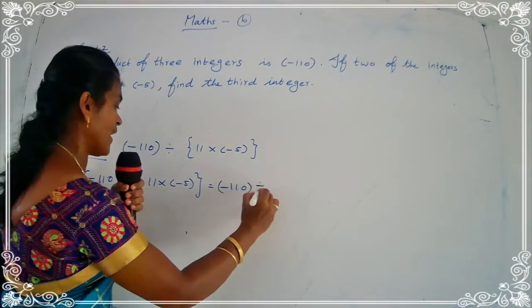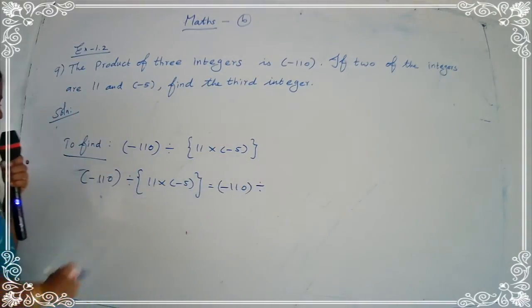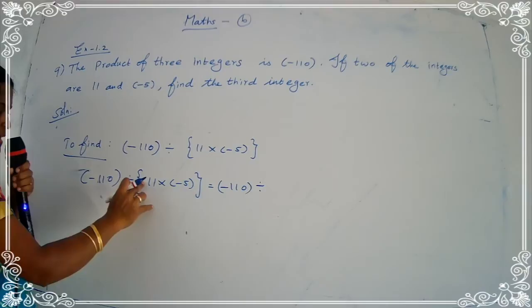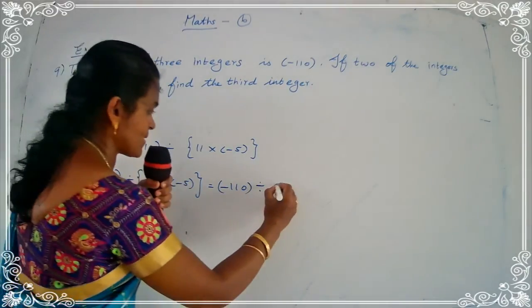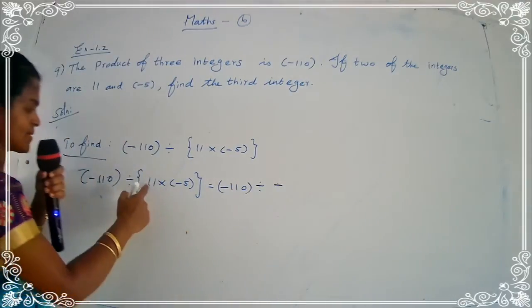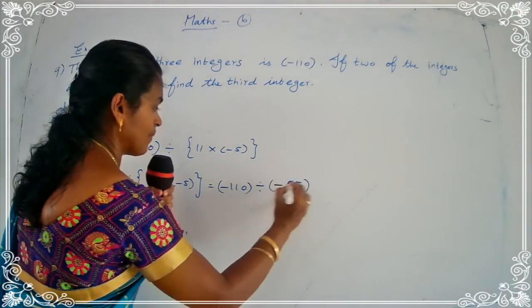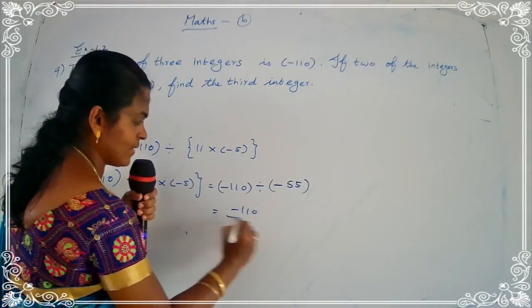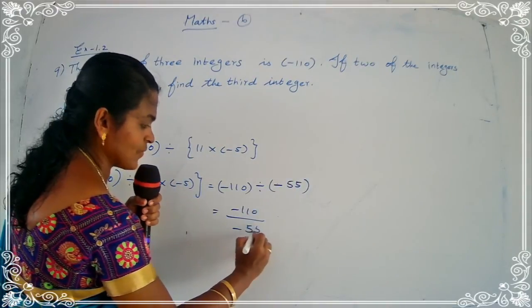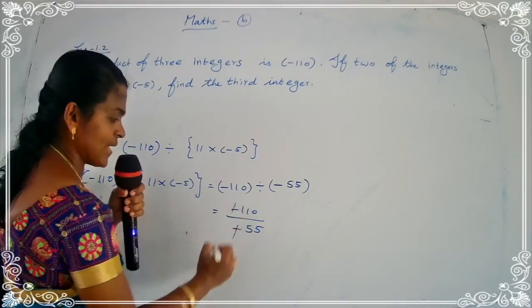So 11 into minus 5, what is the answer? First you multiply the sign: plus into minus, the answer is minus 11 into 5, 55. Now you divide minus 110 by minus 55.